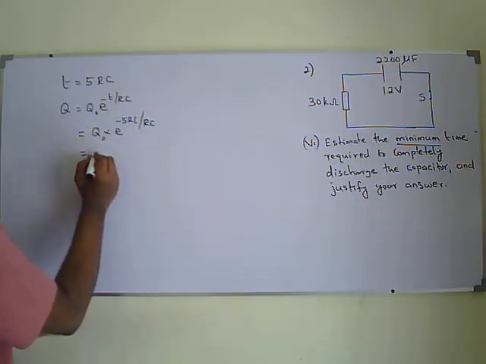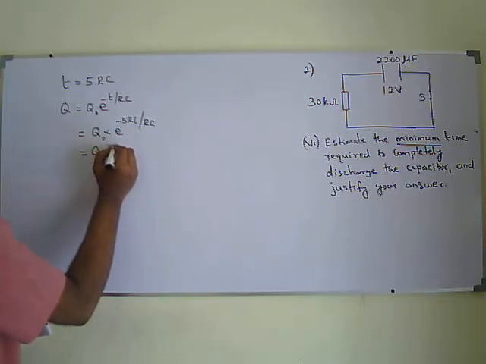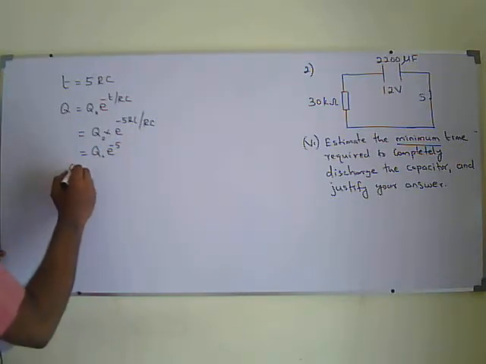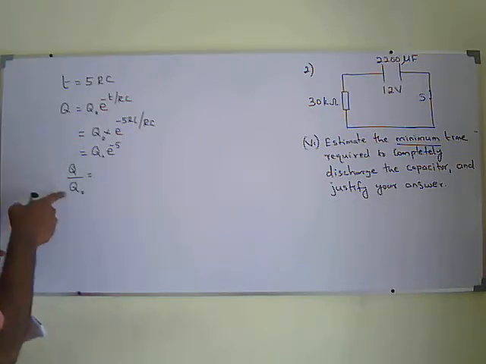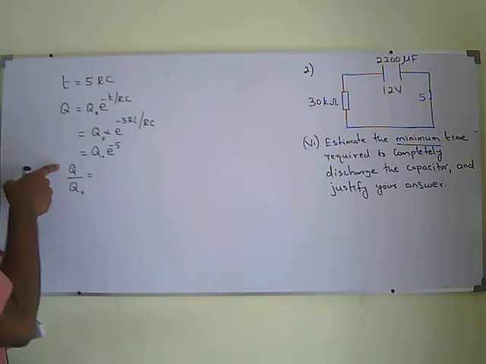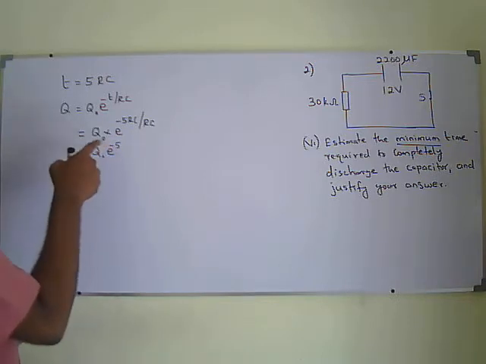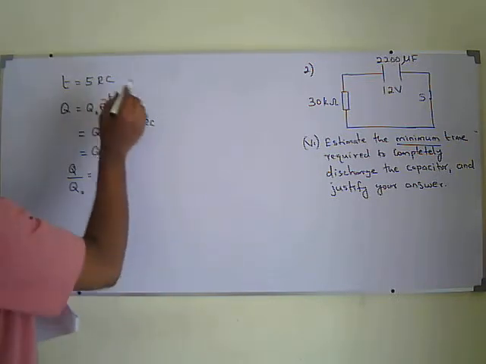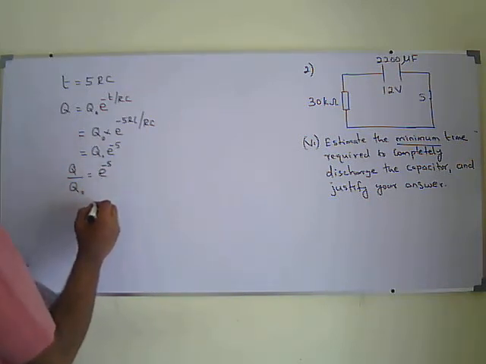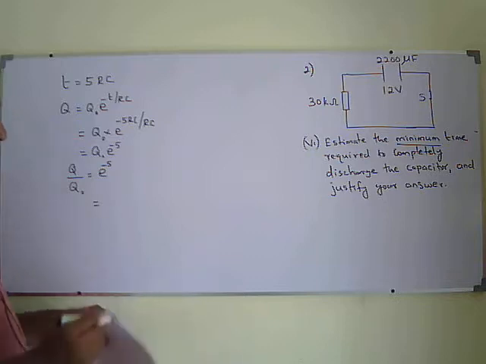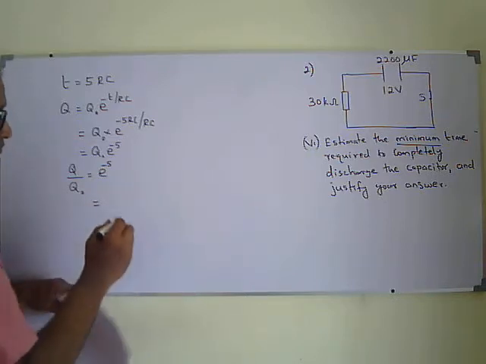RC will get cancelled. It's going to be Q naught e to the power minus 5. That is Q over Q naught, the fraction of charge remaining in the capacitor. This is the initial charge of the capacitor. This is the charge remaining in the capacitor when the time becomes 5 times the RC. That will be e to the power minus 5. If you find it, that will be 0.007.